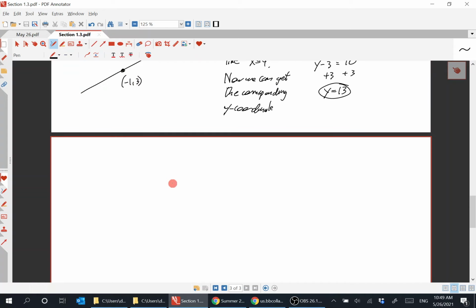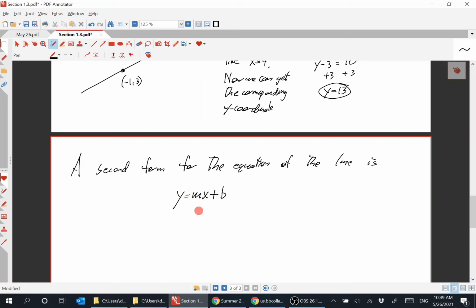A second form for the equation of the line is y equals mx plus b.